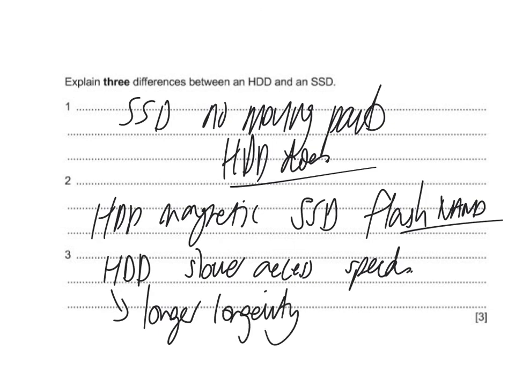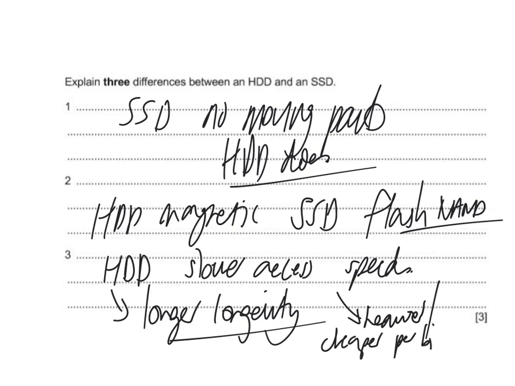I think we've covered this one lots. It's also heavier and cheaper per bit, the HDD. And it's larger physical size as well. Normally HDD has a greater capacity as well, but again you could pay for one SSD drive that has got more capacity.